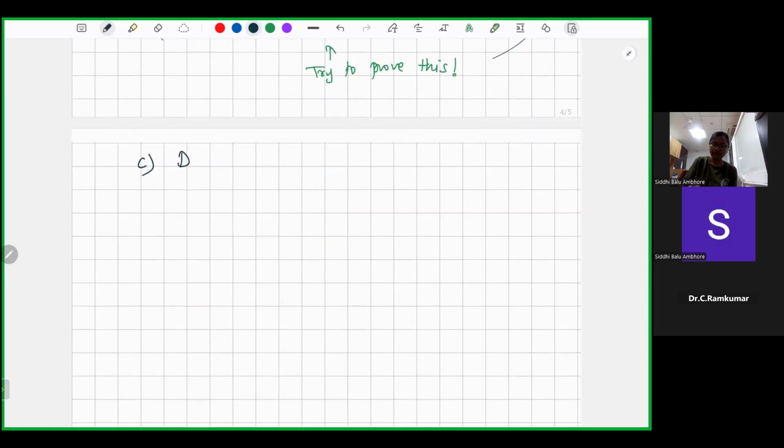C part says that the direct product of two abelian groups is abelian. We have to check this.